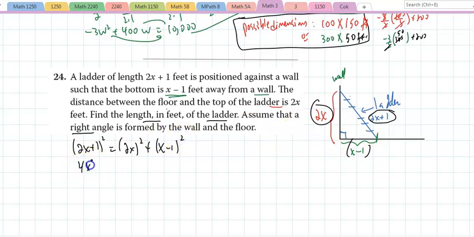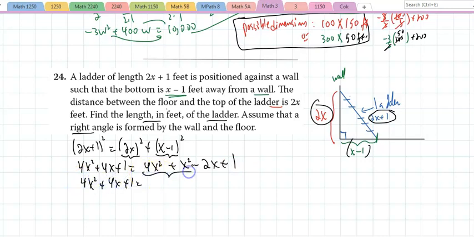So 4x squared plus 4x plus 1 equals 4x squared, and if I FOIL this, x squared minus 2x plus 1. Combine like terms: 4x squared plus x squared is 5x squared.